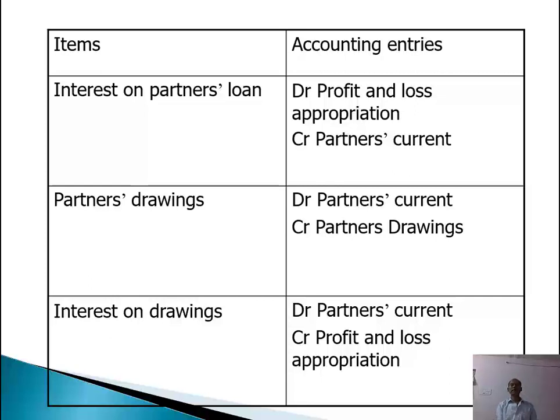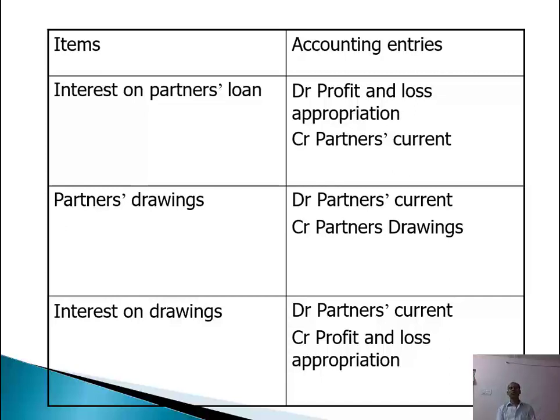Yes. Now let us see interest on partners' loan. The interest on partners' loan entry is profit and loss appropriation account debit to partners' current account. So interest on partners' loan is income to the partner, and expenditure to the firm.